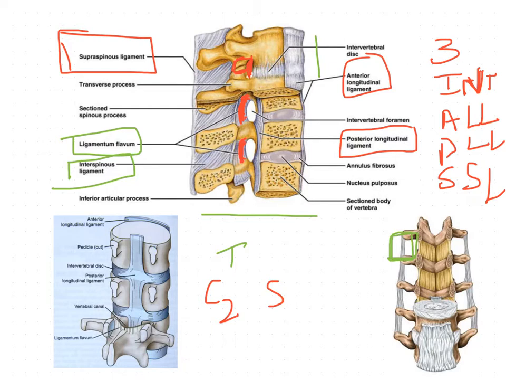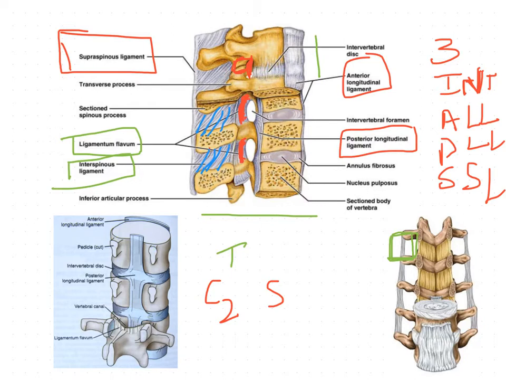Now we will move on to the interspinous ligaments. Here you can find the interspinous ligaments in between the two spinous processes of the adjacent vertebrae. These fibers are also not continuous.